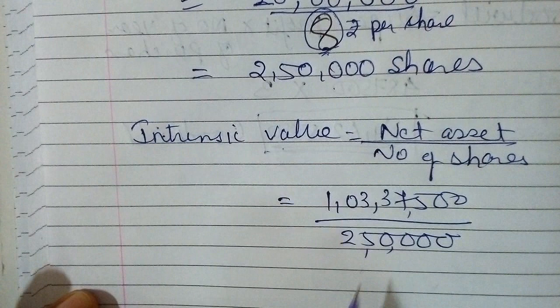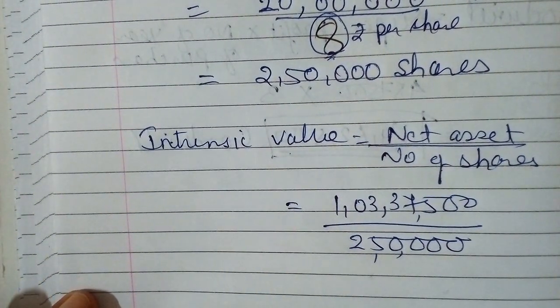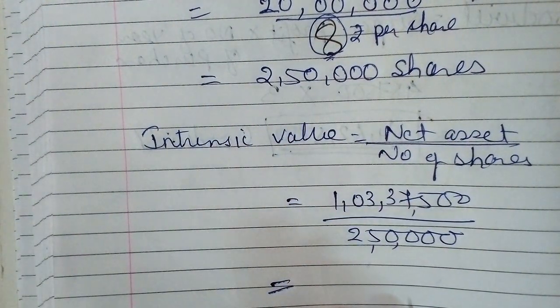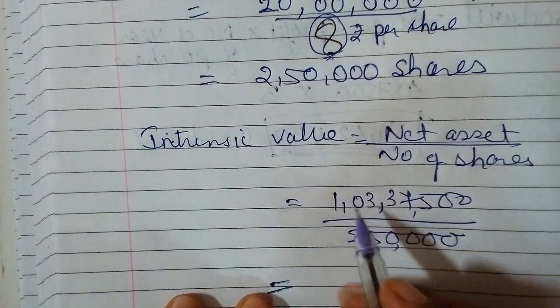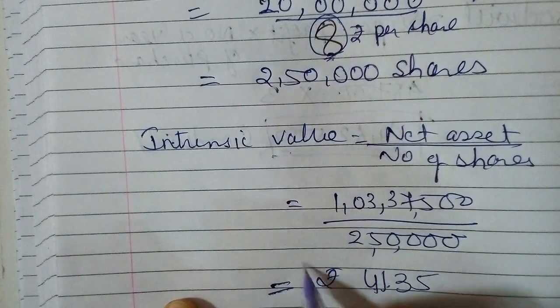If your intrinsic value is wrong and your yield value is correct, then also the fair value tends to be incorrect, right? So take care properly and do it accordingly. So the answer will be rupees 41.35.